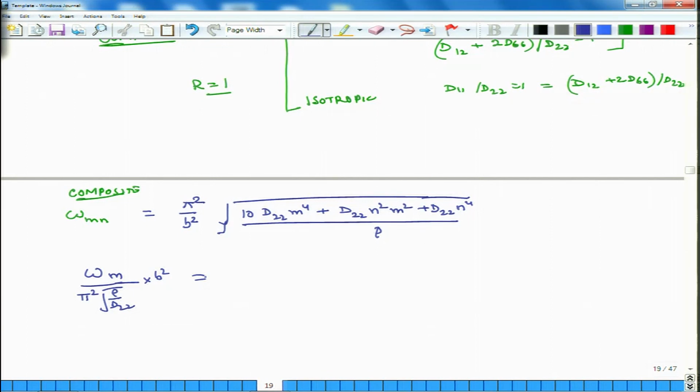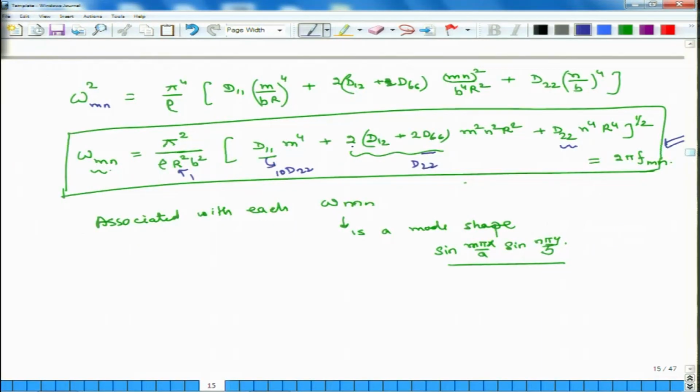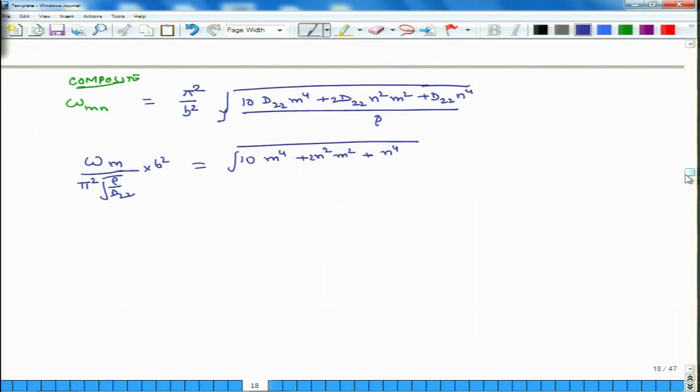So, this becomes just 10 m4 plus n square m square plus n4, and there is a 2 here. So, there is a 2 here because d12 plus 2 d66 divided by d22 is 1, and this entire factor gets multiplied by 2. So, there is a 2 here. Okay.